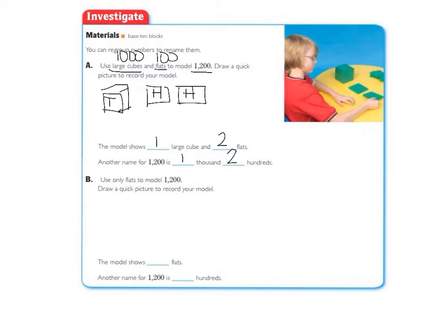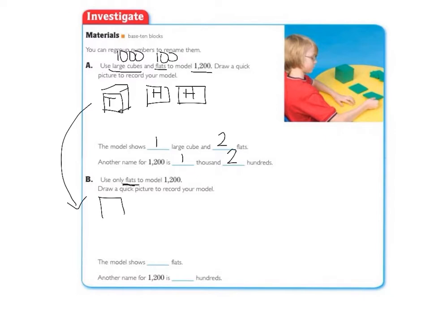Now we're going to try to model this again, but this time we're going to use only flats to model 1,200. So we're going to take this big cube and we're going to split it apart into 10 flats.